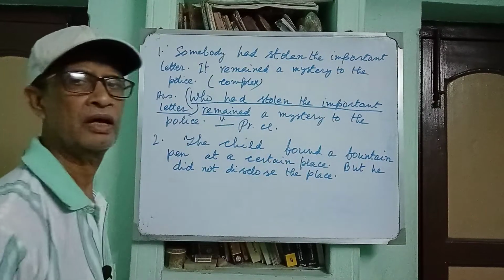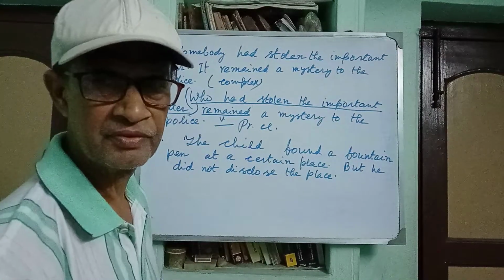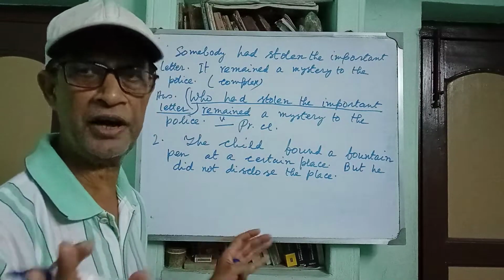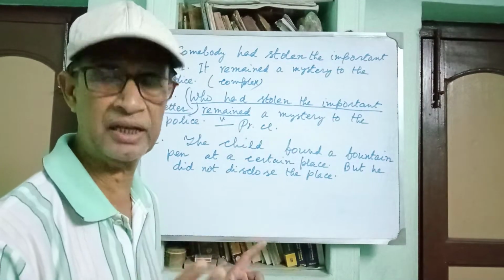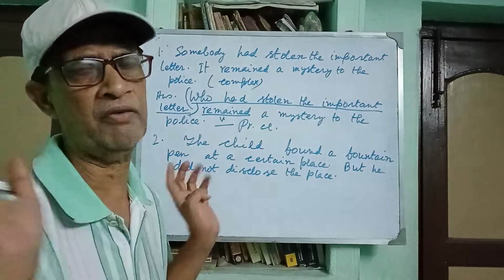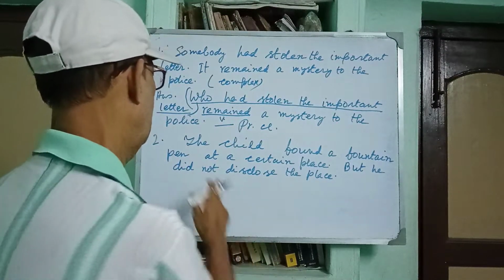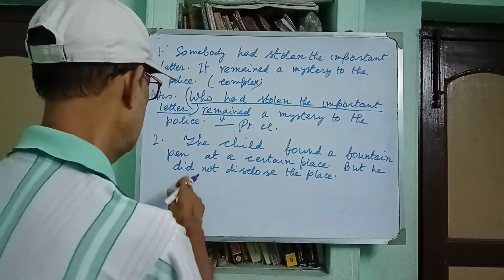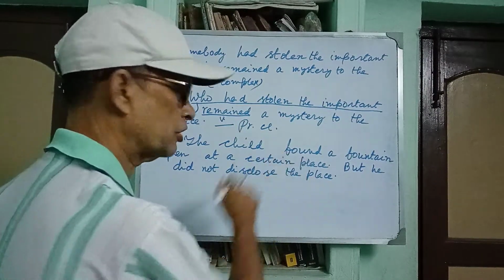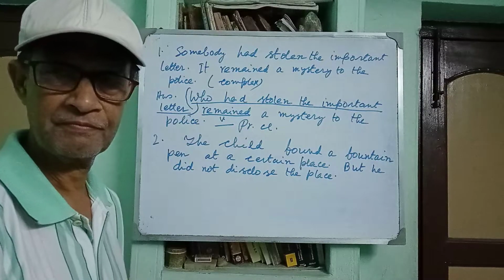Okay? There are 2 sentences, and you have been asked to join the 2 sentences into one complex sentence by using noun clause and subject to the verb. The child found a fountain pen at a certain place, but he did not disclose the place. Okay?